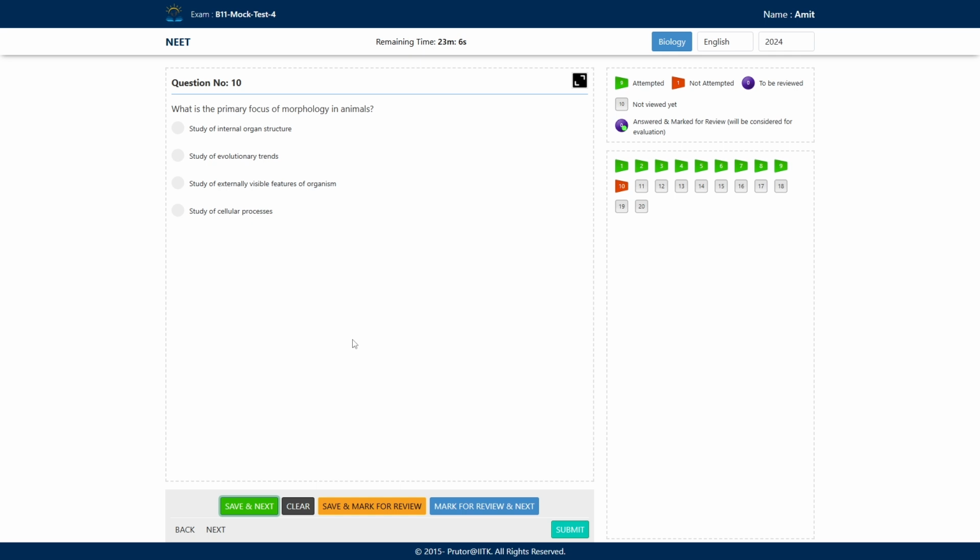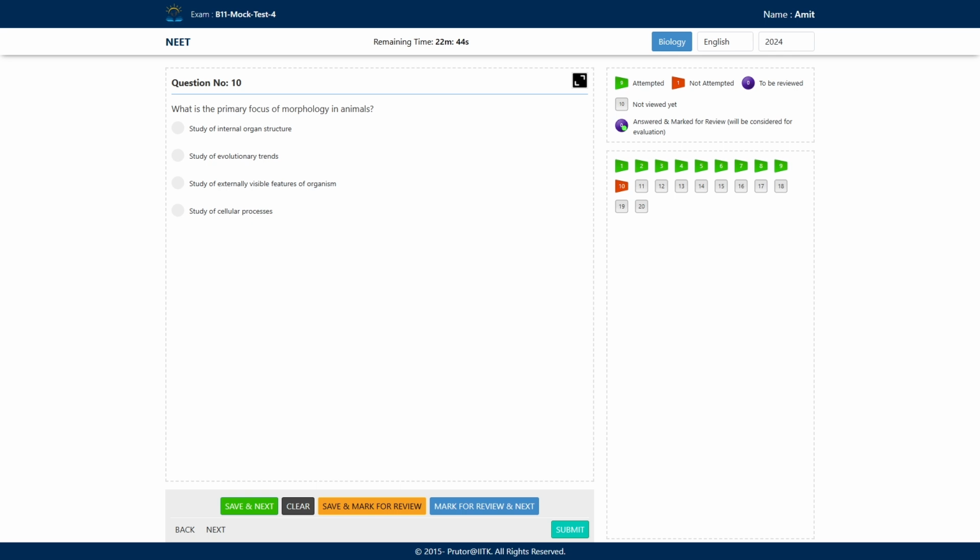So, what is the correct answer? Morphology is the feature that you see externally. If you are studying any plant or any animal, then there is a morphology part. So, what do you study there? Morphology of flowering plants, we are having a chapter.